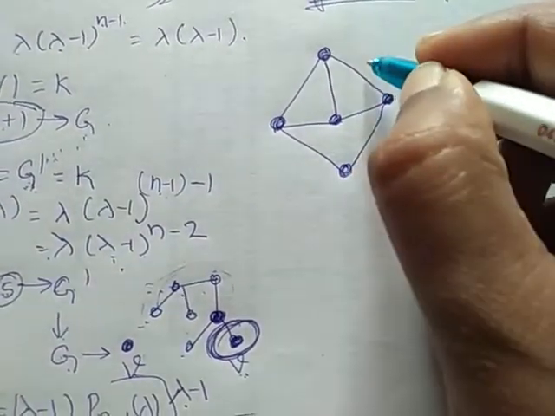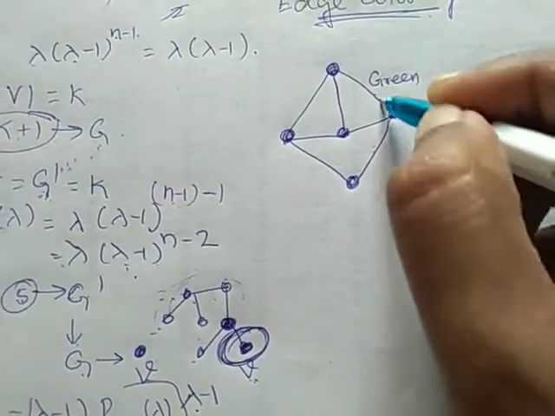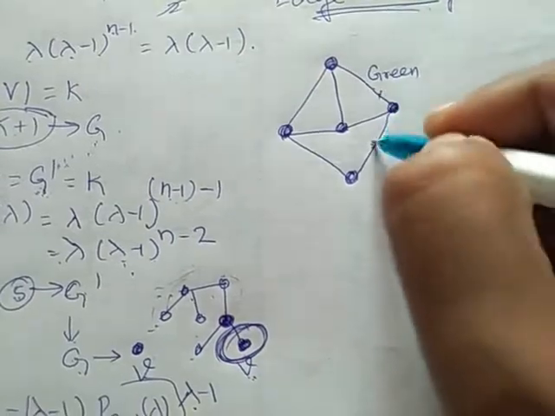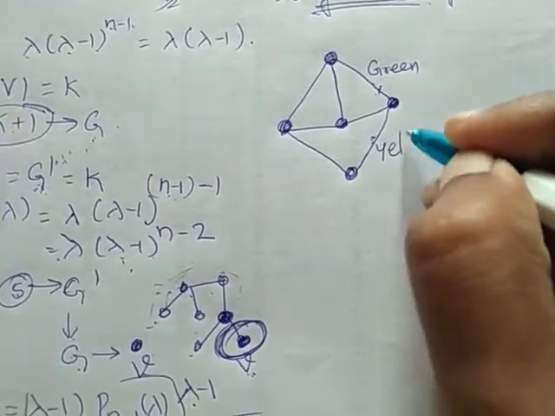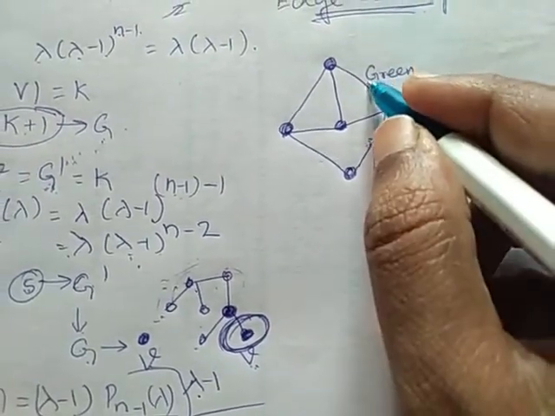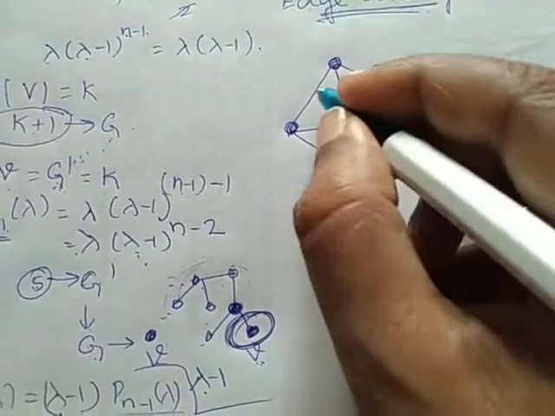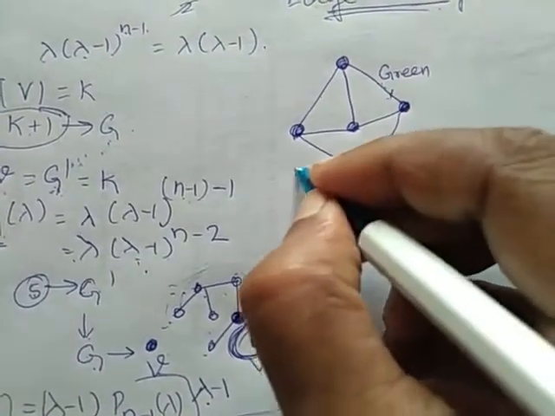If I choose green color, these two edges are adjacent to each other. So I will choose some other color for this edge. These two are adjacent, but green we can choose here because it is adjacent to only this and this. So I will choose green here.